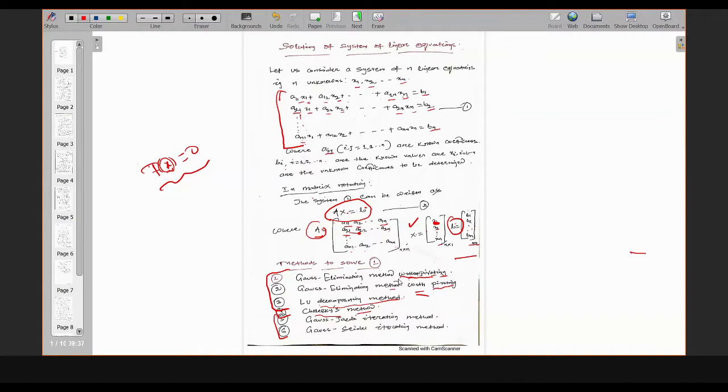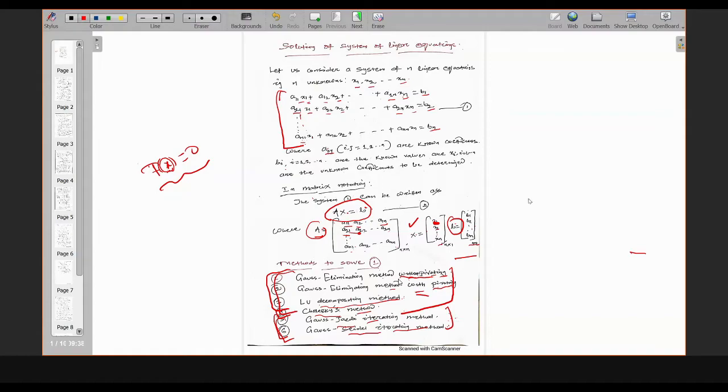So here I have classified the direct methods and the iterative methods. The iterative methods are the Gauss-Jacobi iteration method and the Gauss-Seidel iteration method. You will study how to apply these techniques to find solutions of linear systems of equations. The direct methods are the Gauss elimination method, LU decomposition method, and Cholesky method. We will discuss these techniques one by one.